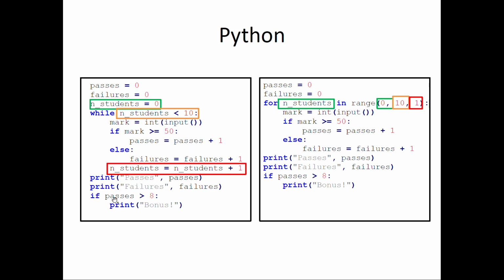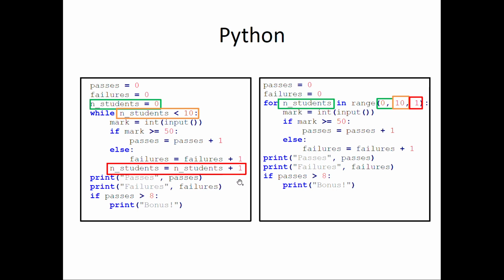So you can see here, compared with your while loop, the colors are matching, right? So we have our initialization here, where we initialize stuff outside the loop. We initialize our things here in Python, right? Where we have our logical expression, from 0 to 10. And then we have our update here, which is 1.